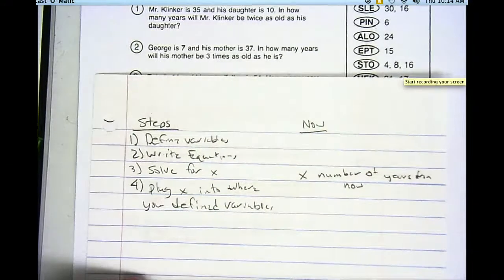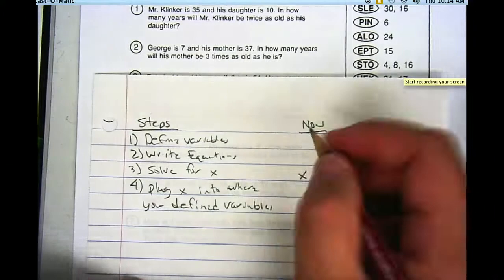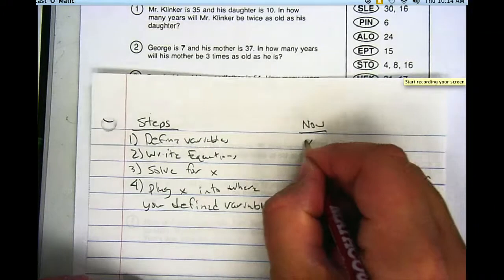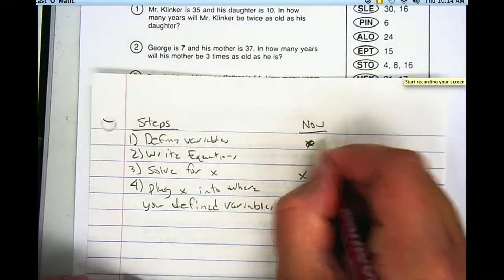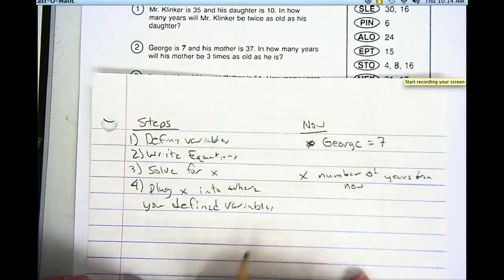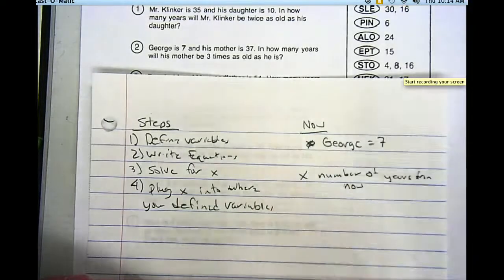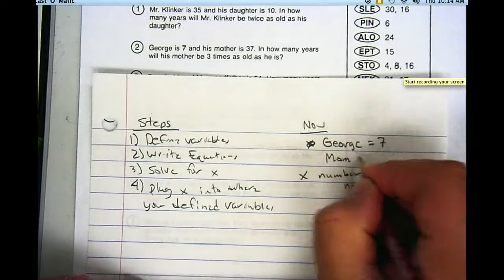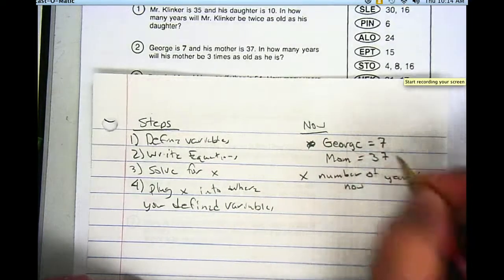Okay? So I know right now George is 7. So I'll have George equal to 7. And his mom is 37. So we'll have mom equal to 37.